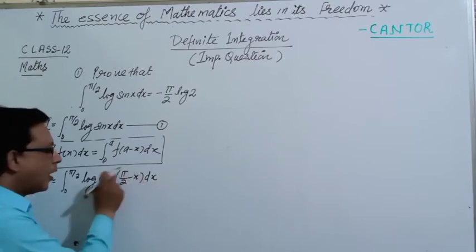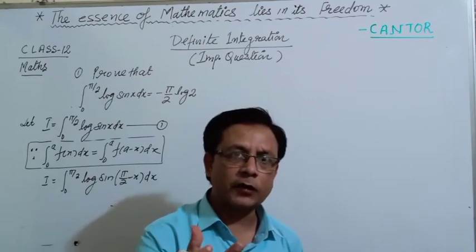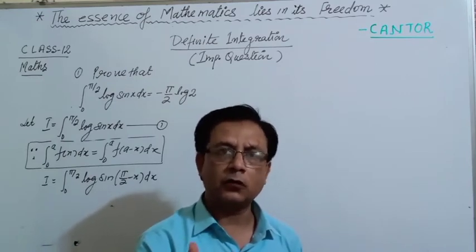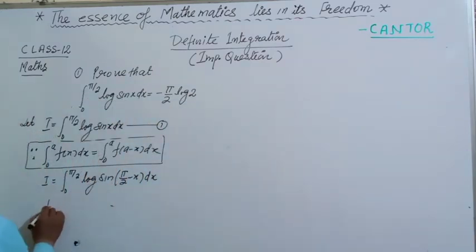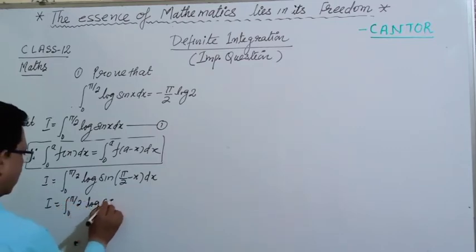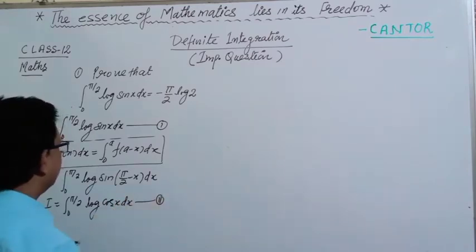And everyone knows the value of sin 90 minus theta: sin 90 minus theta is cos theta. So here we change I is equal to the integral from 0 to pi by 2 of log cos x dx. This is your second equation.